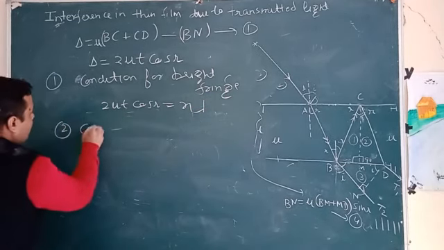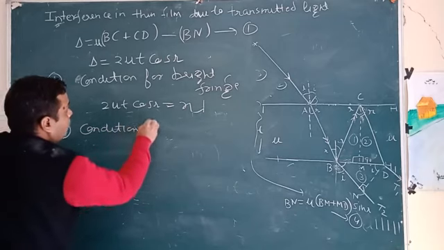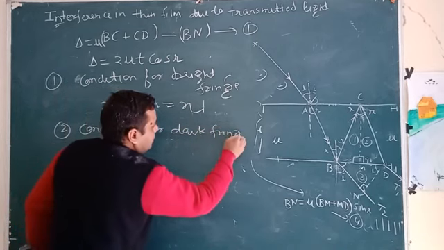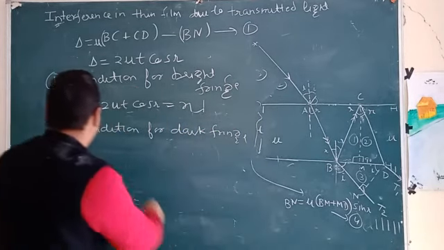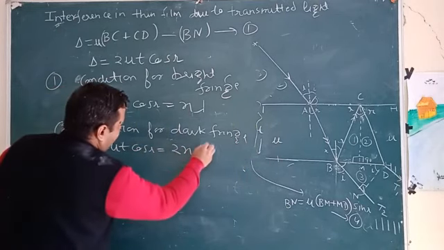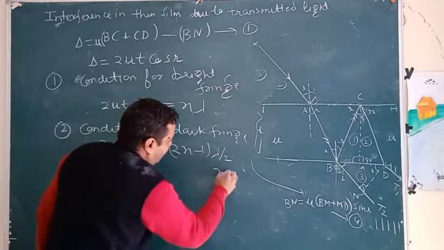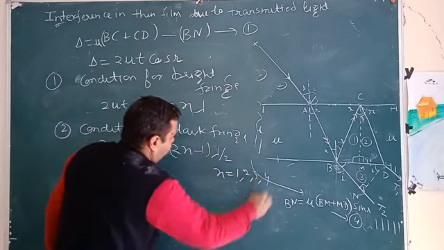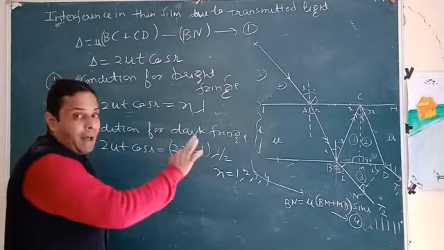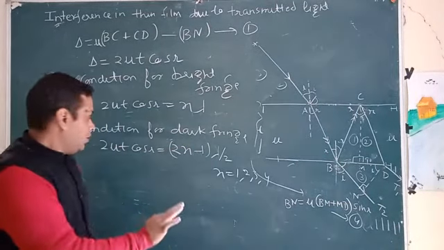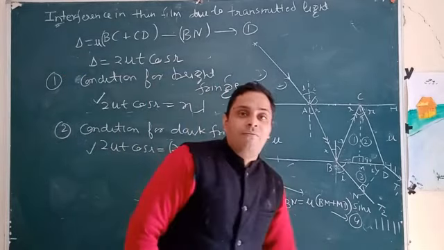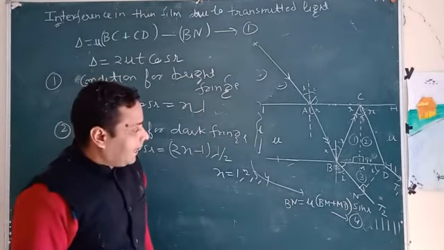Now the condition for a dark fringe: 2 mu T cos r is equal to (2n minus 1) lambda by 2, where n is 1, 2, 3, 4. Or again (2n plus 1) lambda by 2, where n is 0, 1, 2, 3, 4. So these are the conditions of bright and dark fringes in the transmitted case.